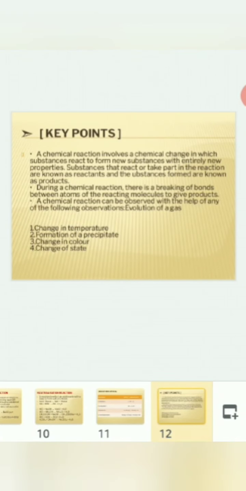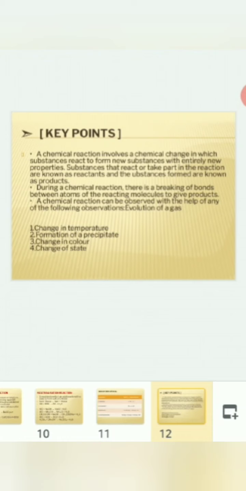Next, key points. Chemical reactions involve a chemical change in which substances react to form new substances with entirely new properties. Substances that react or take part in the reaction are known as reactants, and the substances formed are known as products. During a chemical reaction, there is a breaking of bonds between atoms of the reacting molecules to give products.